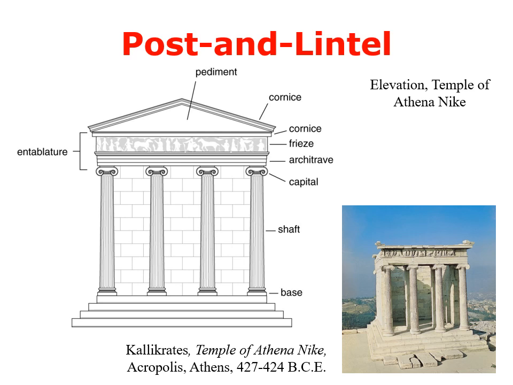And the lintel on top is the entablature, and you can see all of its different little parts. And on top of the entablature is the pediment and the cornice, which are the parts of the roof. So you can see how it all works.